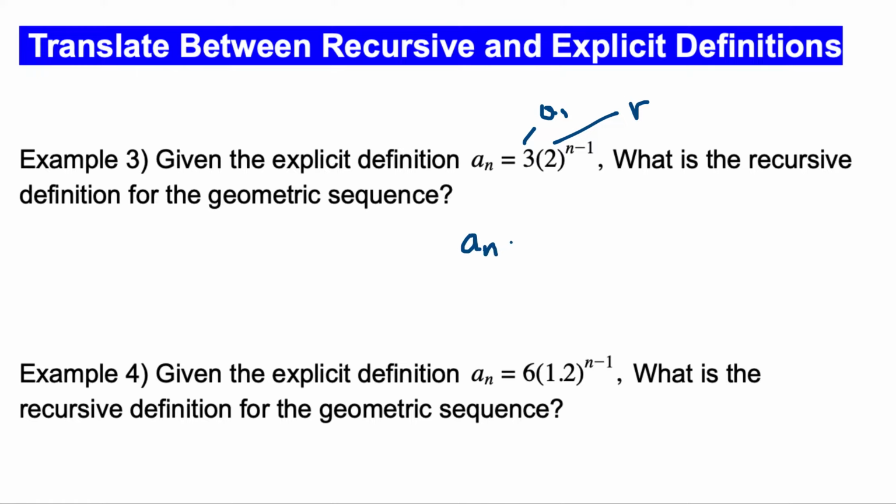the recursive definition is equal to a1, and what is a1? It is 3, when the number of the term n is equal to 1.